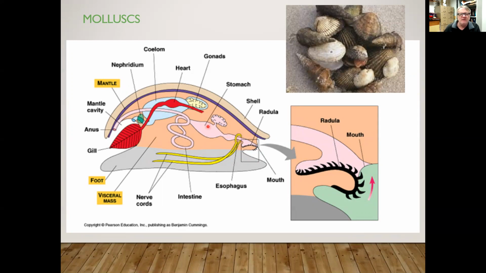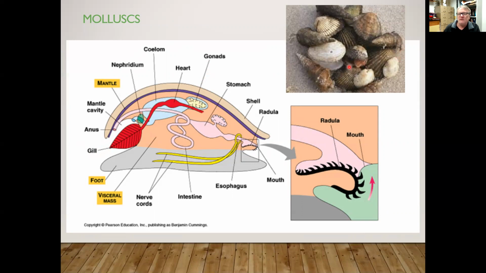Now the food comes into a much more advanced digestive tract where we now have a true stomach and a true intestine, and then an exit with the anus. We're also going to get a lot more complicated structure here, where we have the beginnings of a circulatory system. This is an open circulatory system, the beginnings of a respiratory system, the gills, together with an advanced reproductive system with the gonads.